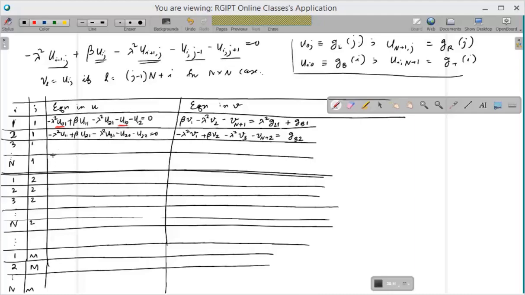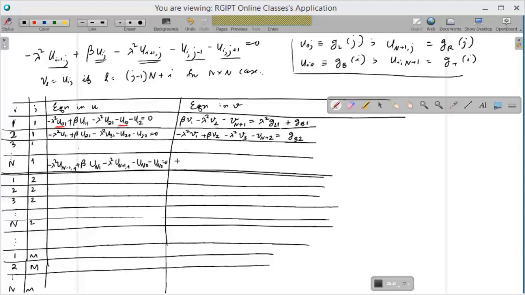For the nth one, let me write down minus lambda square u n minus 1,1 plus beta un1 minus lambda square u n plus 1,1 minus un0 minus un2 equal to 0.